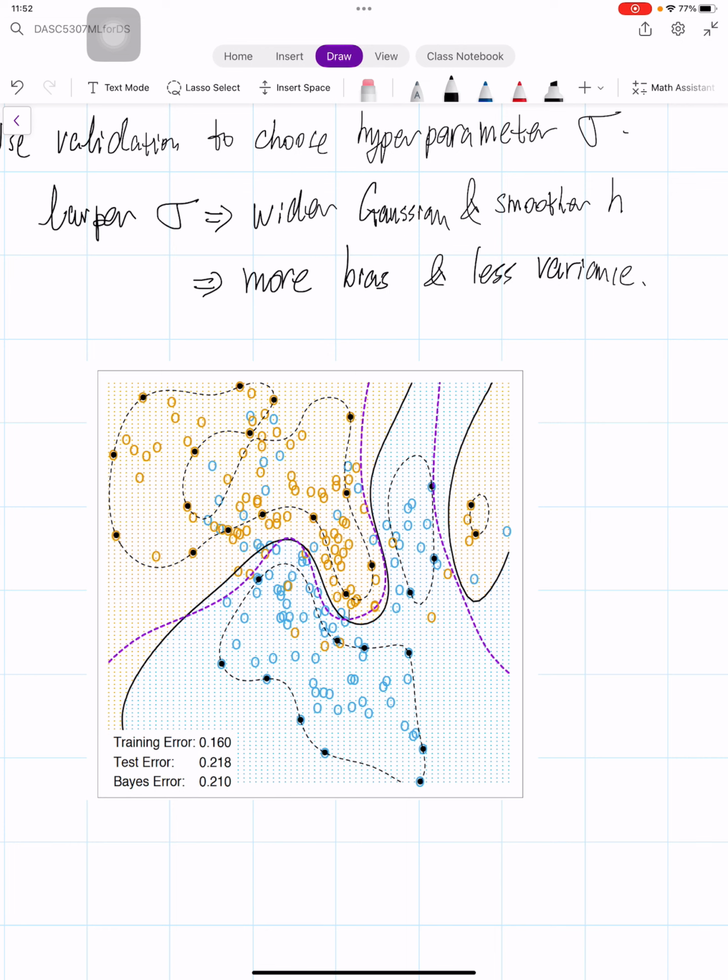The decision boundary is a soft margin support vector machine with a Gaussian kernel, so you apply this infinite feature space. Observe that in this example, the true decision boundary is generated by this function. The black line here is the true decision boundary, and the Gaussian kernel support vector machine gives very reasonable decision boundaries.